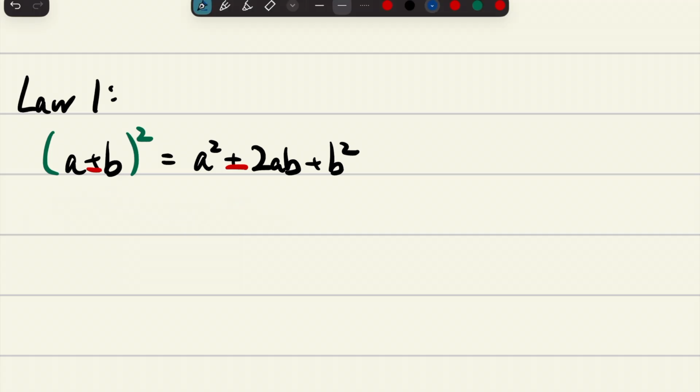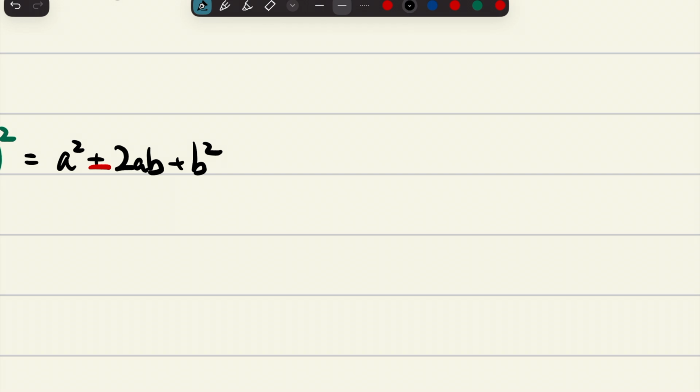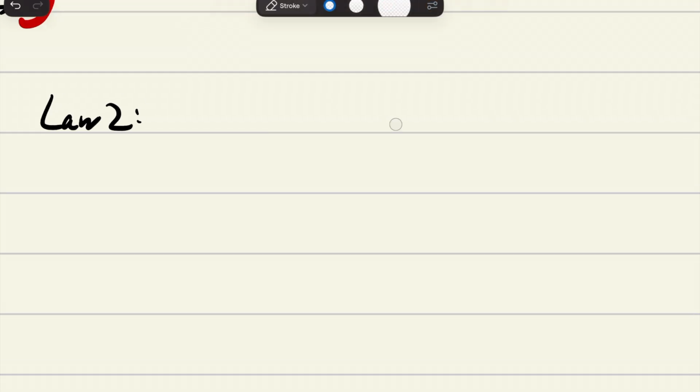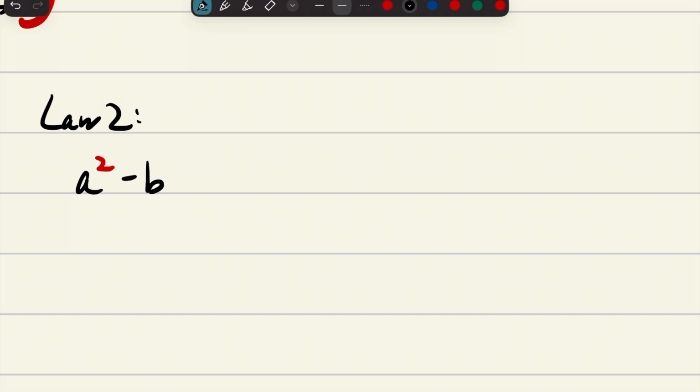The second law will be difference of squares. So law 2, difference of squares. So the identity states that if you have a squared minus b squared, it actually equals bracket a plus b close bracket multiplied by bracket a minus b.